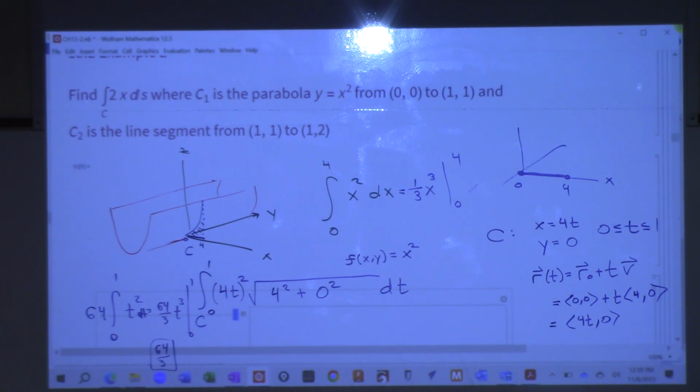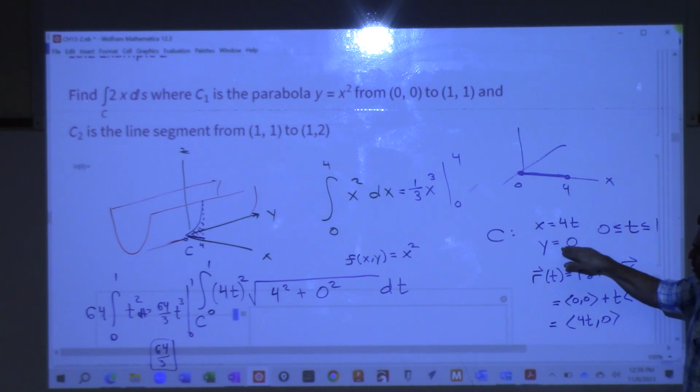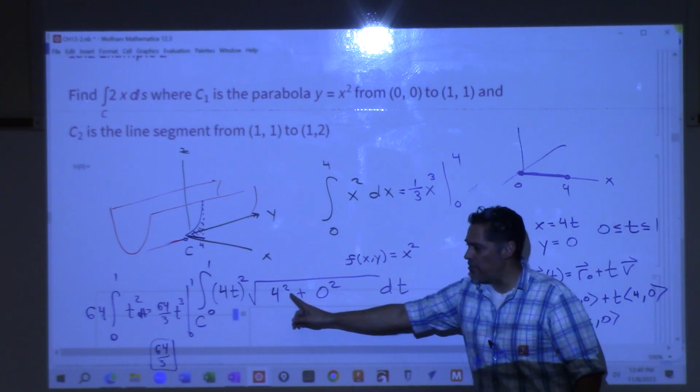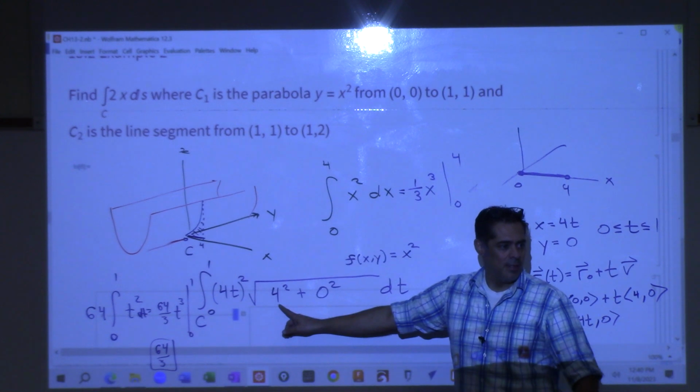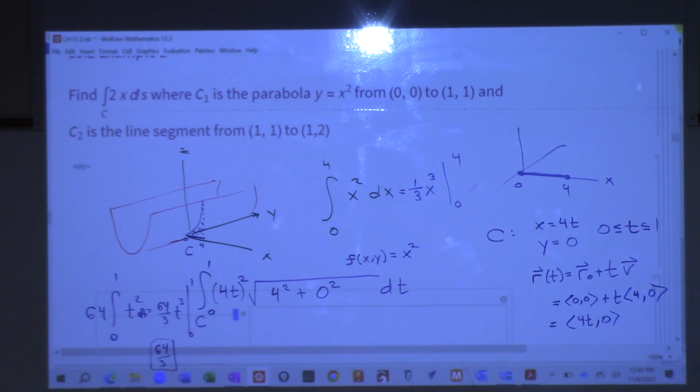Every integral you ever did in Cal 2 for area under a curve was really just a line integral along a line segment on the x-axis, which meant that when you draw that line segment with your parametric, this will always be 0, right? And then that part will always turn out to be a constant. And okay, I'm digressing. We'll have to pick up right here next time, all right?